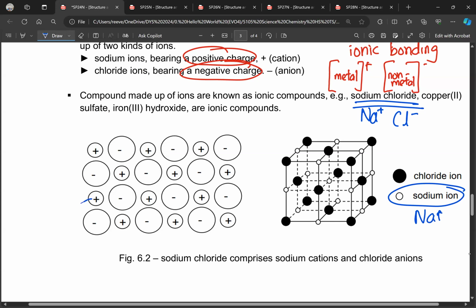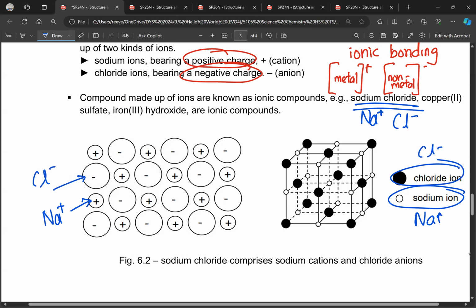All these are the Na. Then my Cl minus, all these are the Cl. So this is ionic bonding. So it can also form a compound when a metal and a non-metal combine chemically. Then I will get an ionic compound.